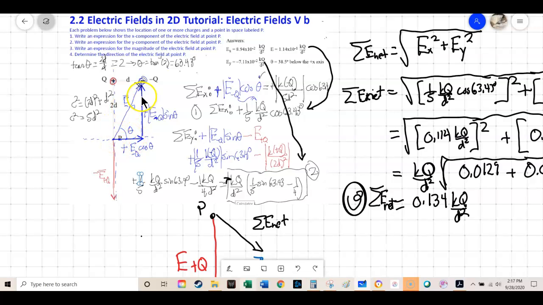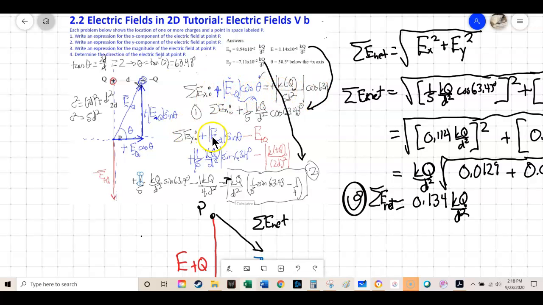And so you have one diagonal, right? So we drew that, and then we drew the other vector. Then we broke the one diagonal into up and down and left and right. And then we started defining our electric field in the x direction, and that led us to what our unknowns were. And we had to then define the overall net of E negative Q, and define that in terms of D. And then that led us to figure out what theta was.